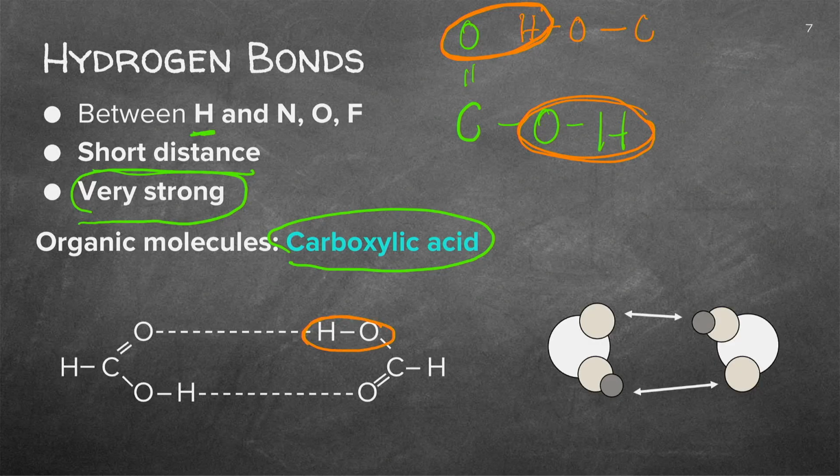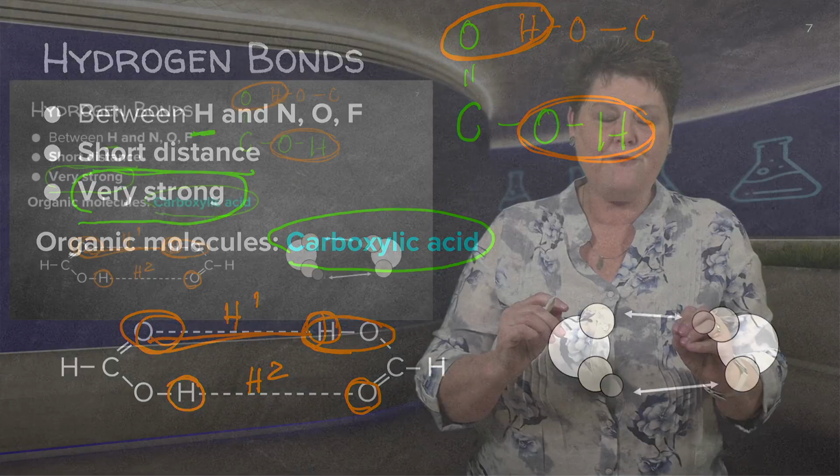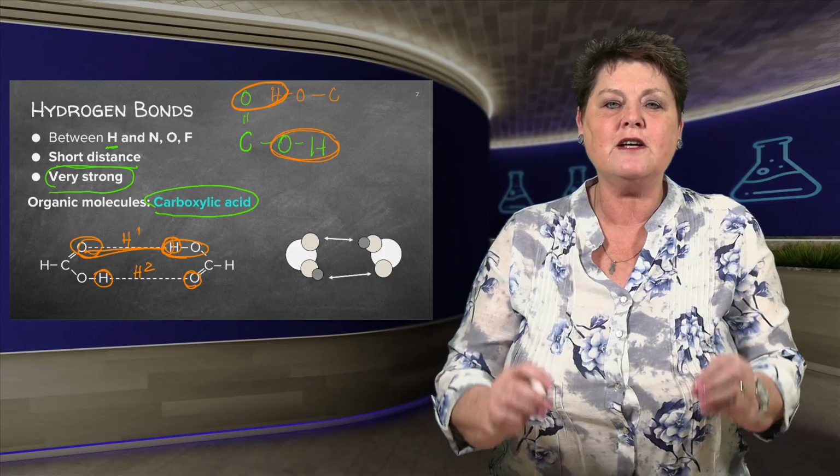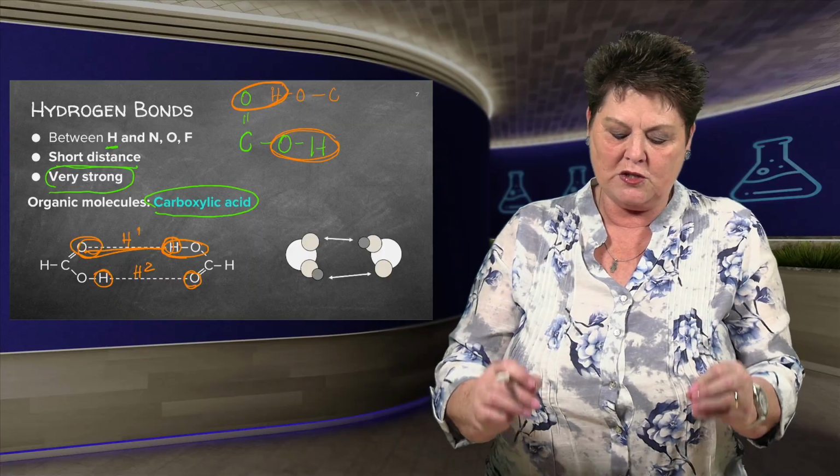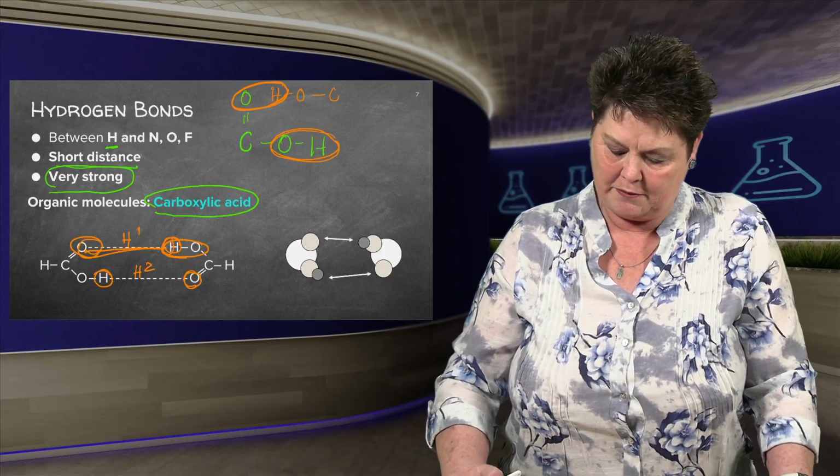The hydrogen, oxygen there, and there I've got a hydrogen and an oxygen. That's hydrogen bond 1. Here I've got another oxygen and a hydrogen, hydrogen bond 2. Therefore, guys, this is the strongest intermolecular force in organic chemistry.